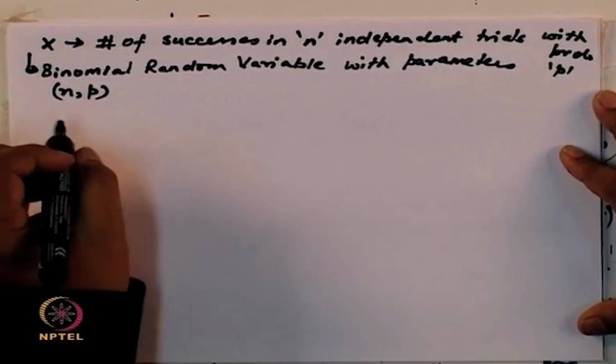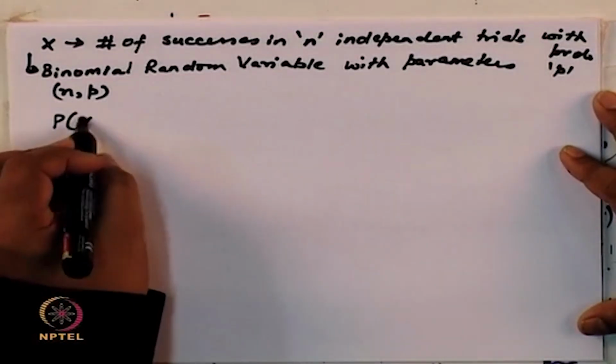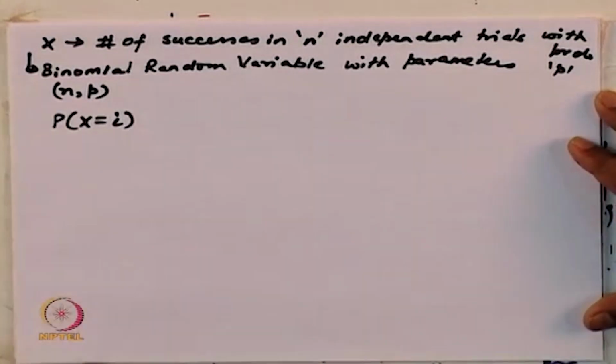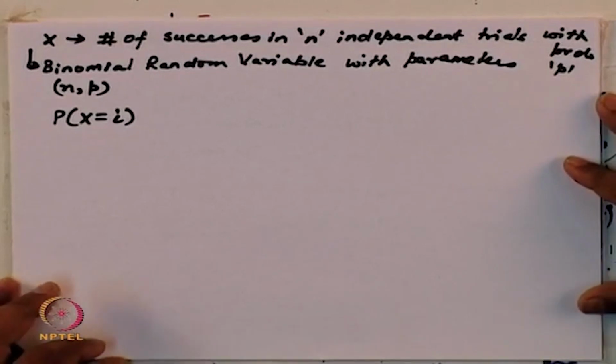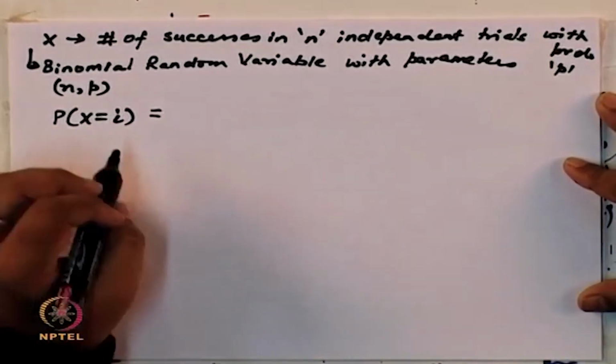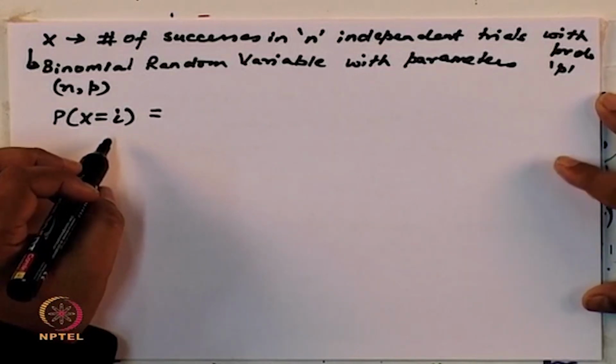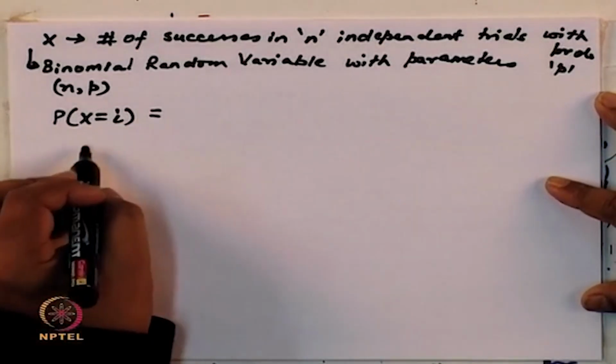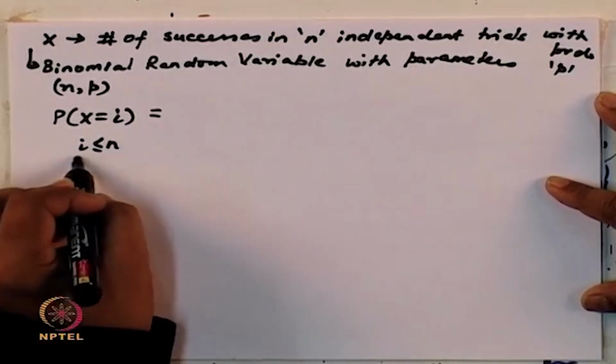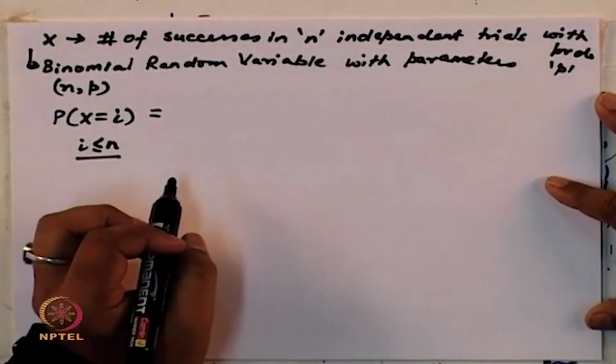In this case we can compute the probability of X equal to i, that is, you want to have i successful events from n trials. So i is of course less than or equal to n, because n is the total number of trials.